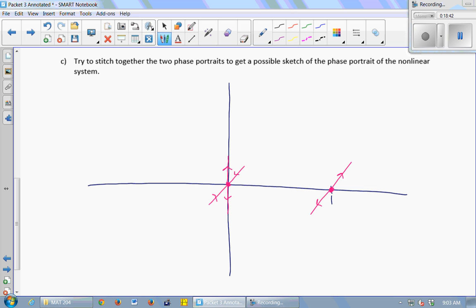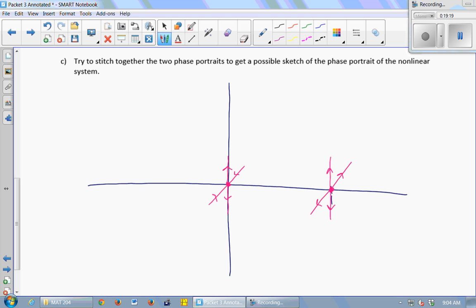And then my other one was 0, 1, which means it's going to point up. Right, because there's no y value. So y can vary, just x has to be 0. I'm putting it at the equilibrium point 1, 0. Right, that is the point we just linearized around.